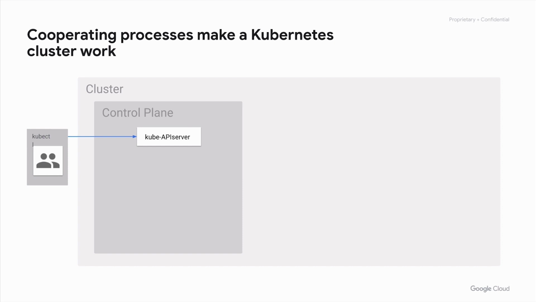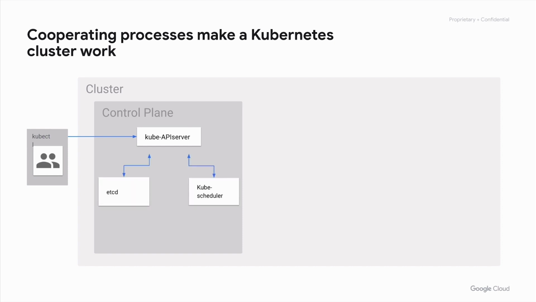The kubectl command's job is to connect to the Kube API server and communicate with it using the Kubernetes API. Kube API server also authenticates incoming requests, determines whether they're authorized and valid, and manages admission control. But it's not just kubectl that talks with Kube API server. In fact, any query or change to the cluster's state must be addressed to the Kube API server.